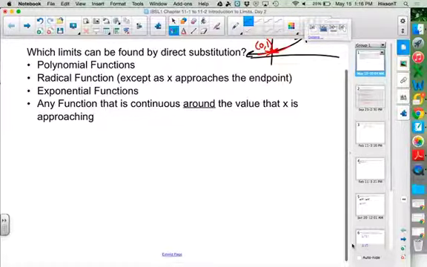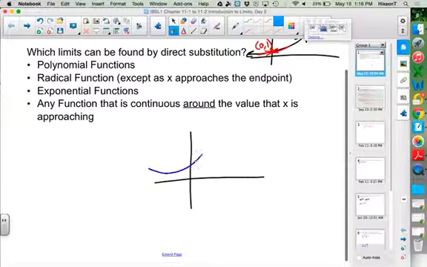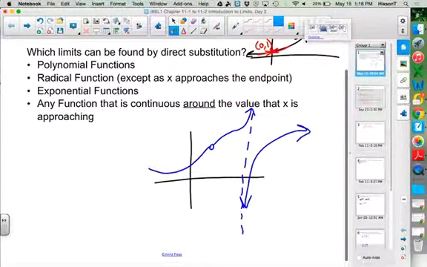If I have a function here, it doesn't matter what's going on anywhere else. We could have something like this. We've got a hole here and an asymptote here and all that. None of that matters if we want the limit as x is approaching this value over here.